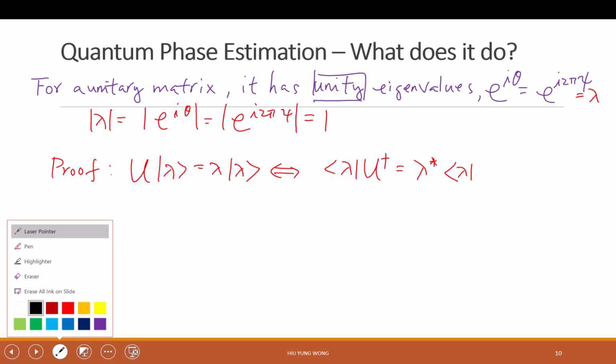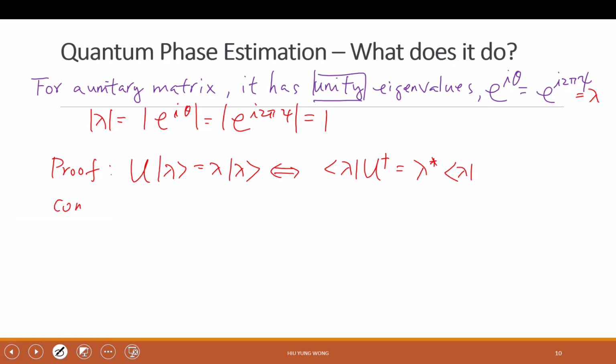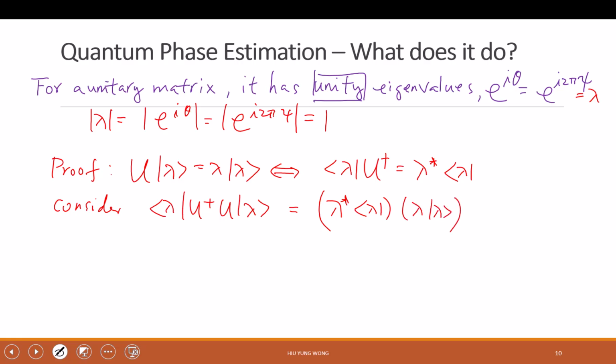Then consider lambda U dagger U lambda. What I'm trying to do is the inner product between this one and this one. This equals lambda star lambda, the whole thing, times the lambda vector, right?